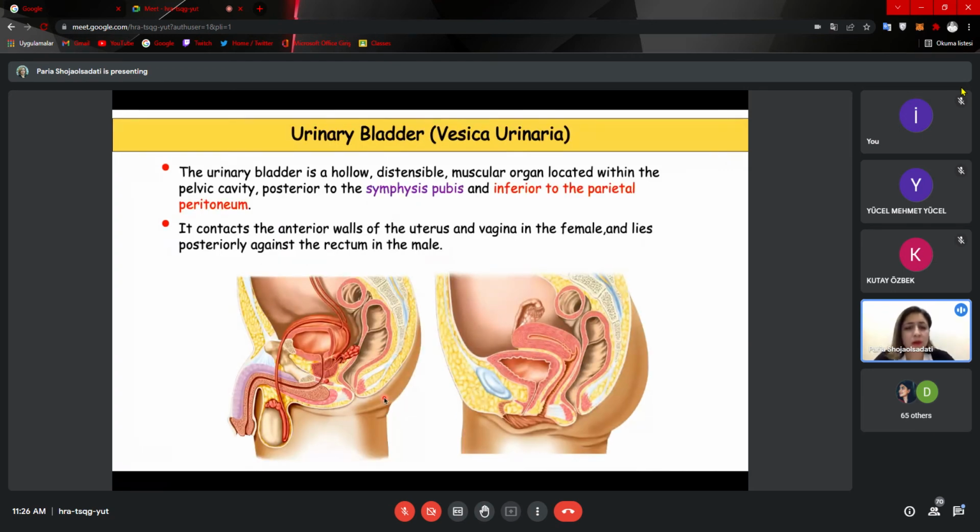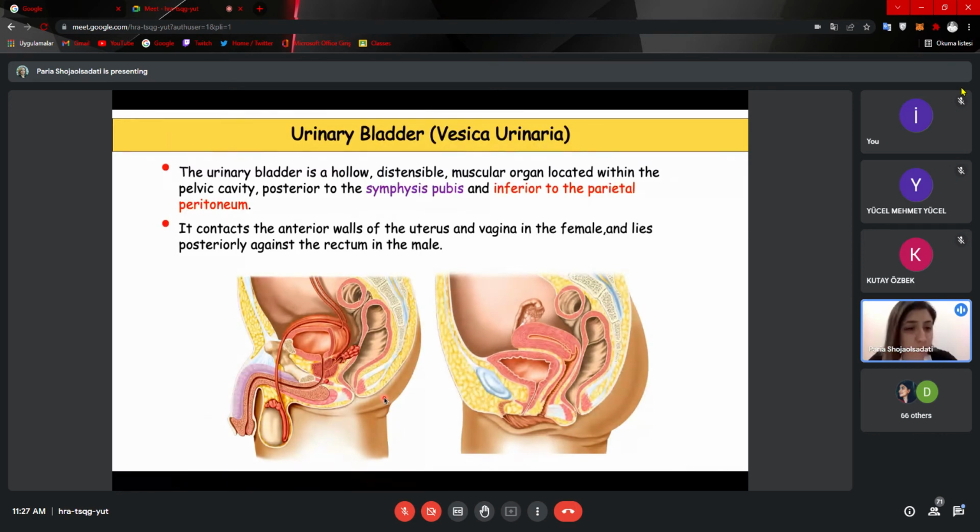The urinary bladder is a hollow, distensible, and muscular organ located inside the pelvic cavity, posterior to the symphysis pubis and inferior to the parietal peritoneum. For this reason, the position of this organ is sometimes named infraperitoneal or retroperitoneal, because it is located outside of the peritoneum.